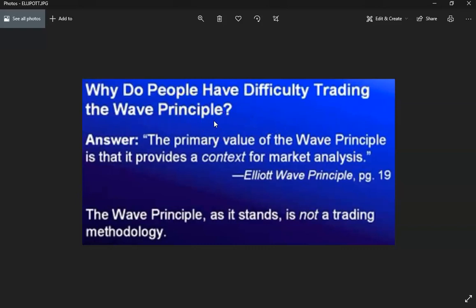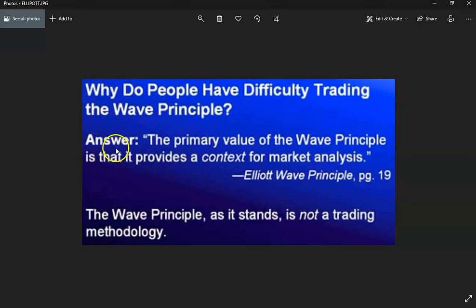Most people are interested in the wave principle, how it works, the theory of the principle. But when they come to apply it in a real market, the principle is not really working as the theory says. So he tried to give an answer here, according to the book of Elliott Wave Principle.